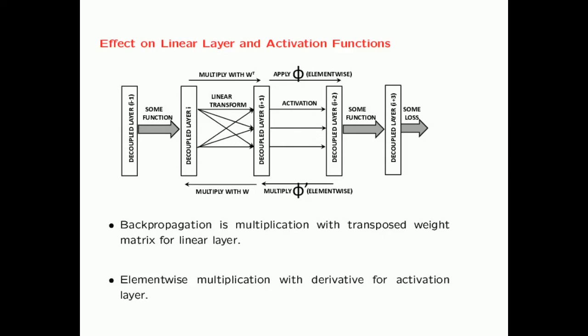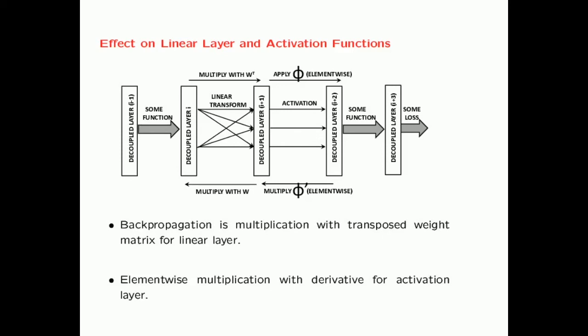You can show that when you backpropagate and compute the Jacobian, for the activation layer it is equivalent to multiplying by the derivative of the activation function element-wise. Similarly, for the linear layer, where you multiply with W transpose, it is done by multiplying with the transpose of W transpose, which is essentially the weight matrix W, with the gradient G_{i+1}.